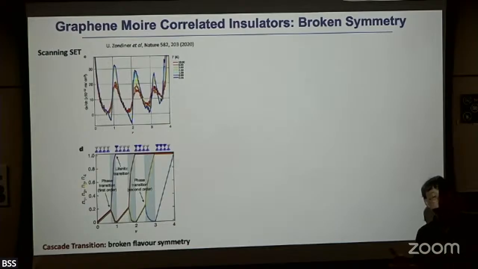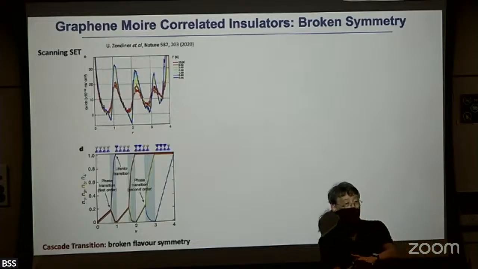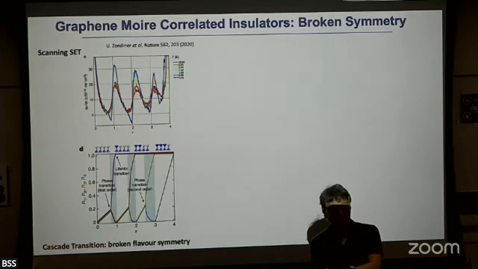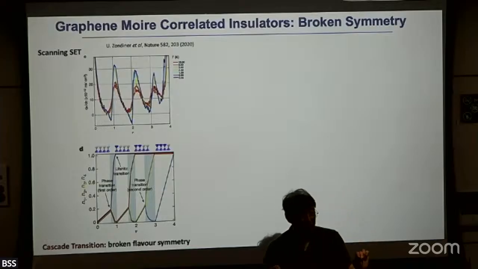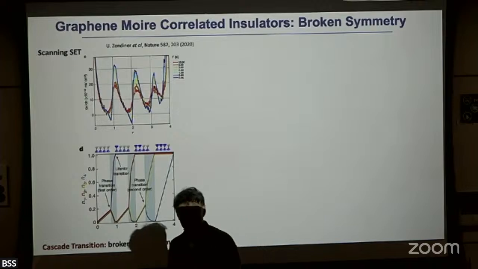But once this flat band forms in the magic angle twisted bilayer, the strong correlation coming from the flat band actually breaks the symmetry or degeneracy in the system.